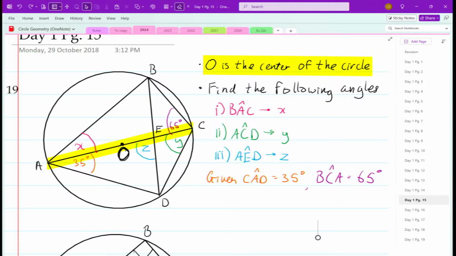So you have 35 plus 35. Well, this plus this minus 100.